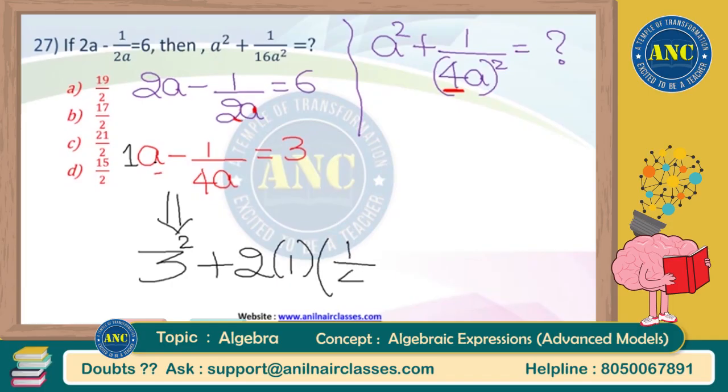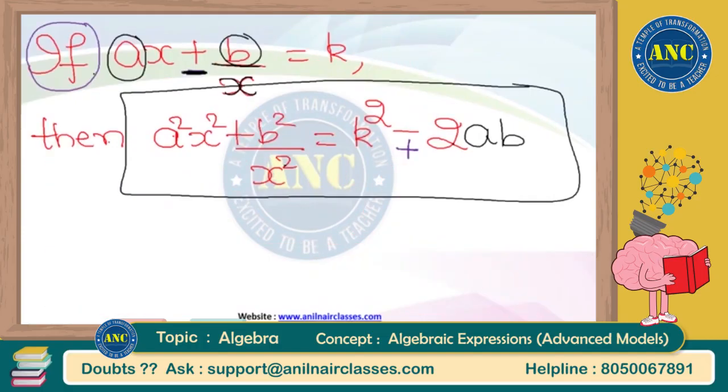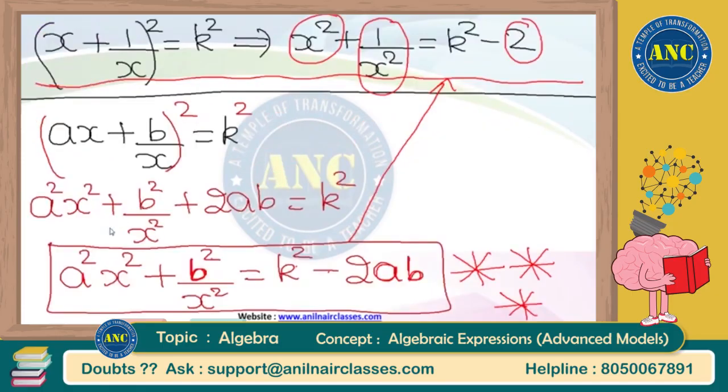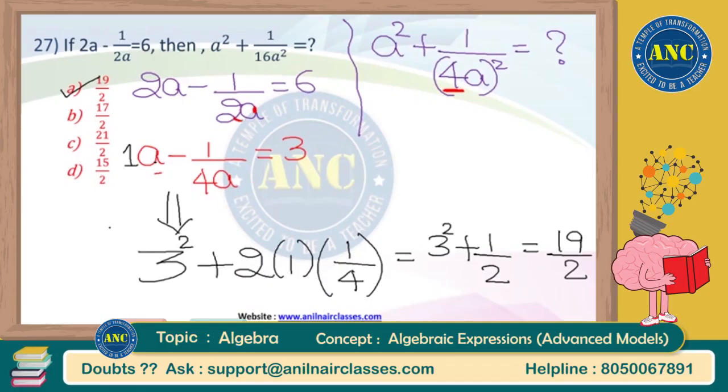So the final answer should be 3 square plus 1 by 2, that means 9 plus 1 by 2, which is 19 by 2. I hope you are very clear why I discussed this key point before solving question number 27. The idea should be very clear for each and every student listening to this class, sir.